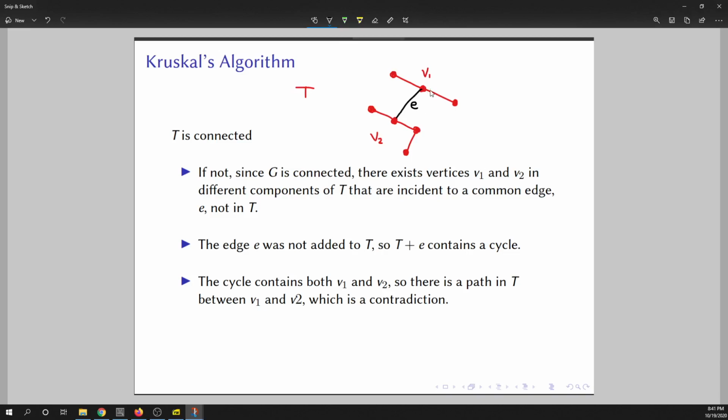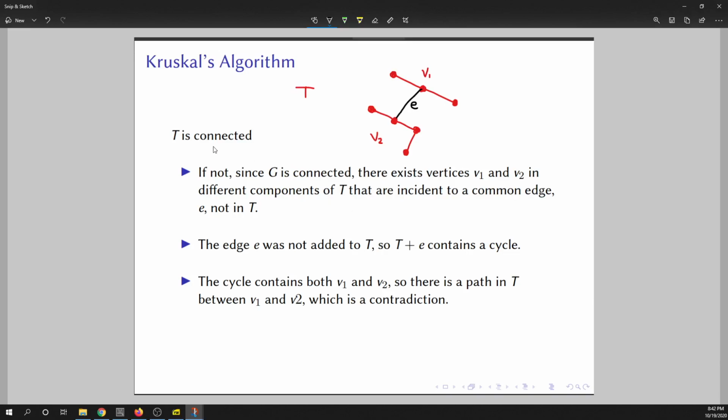Now you may say, well, how do I know that there's an edge between any vertex in the one component and one in another component? Now that's because the graph G is connected. And so therefore, in G, between any two vertices there is a path that goes from one to the other.